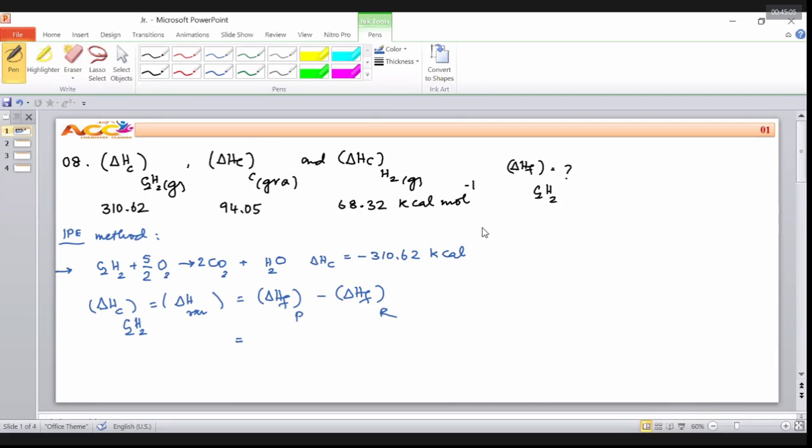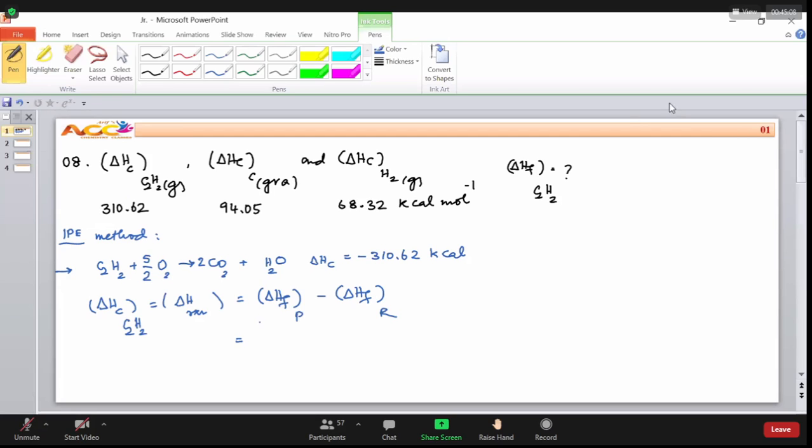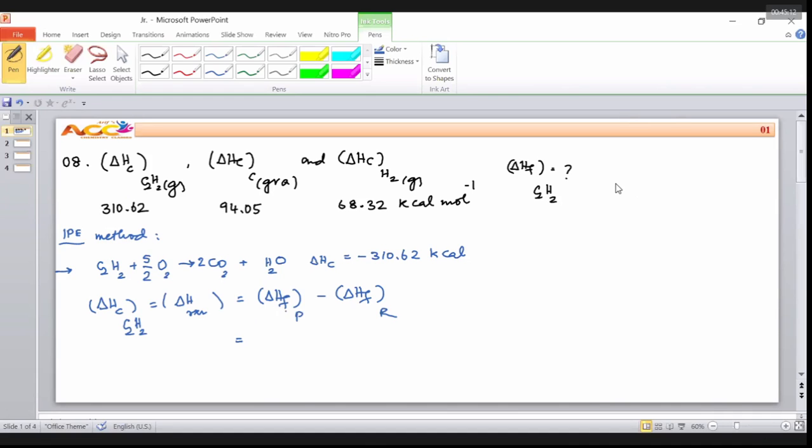Enthalpy of combustion of acetylene. Do you know that? Yes, sir, it is given to me. Enthalpy of formation of product. Listen carefully. Enthalpy of formation of product is nothing but enthalpy of formation of carbon dioxide. How many times? 2 times.